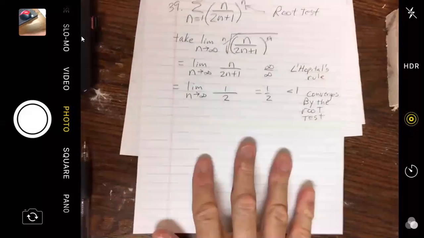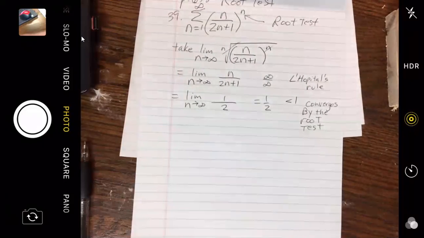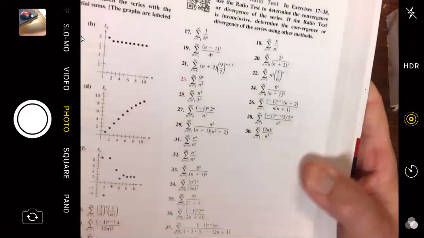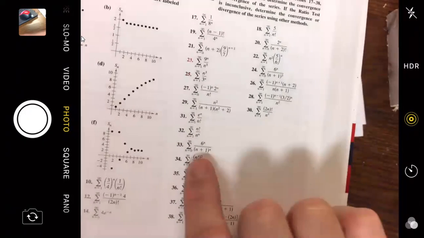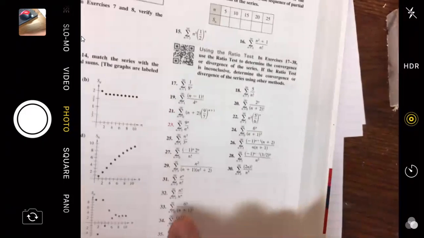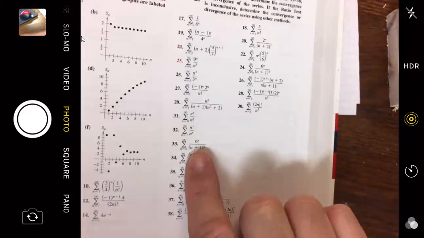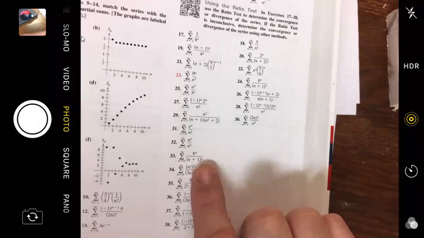I'll just point out, sometimes they mix these problems. Like look at problem 33. Now they've told you to do this by ratio test. But look at 33. See how you've got an n power on both those pieces?